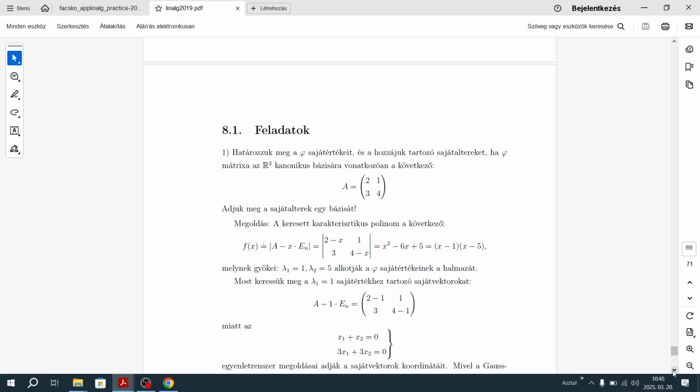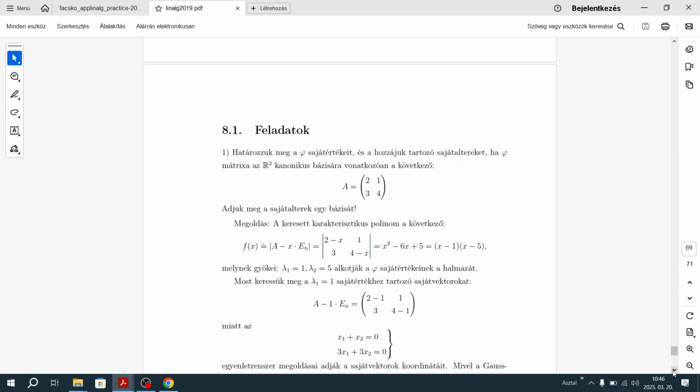We have two eigenvalues. Now we need the vectors. Okay, so lambda 1 is 1. Then we have this matrix, and we substitute this 1 into this matrix.